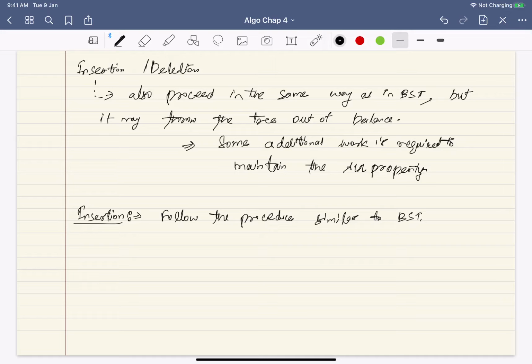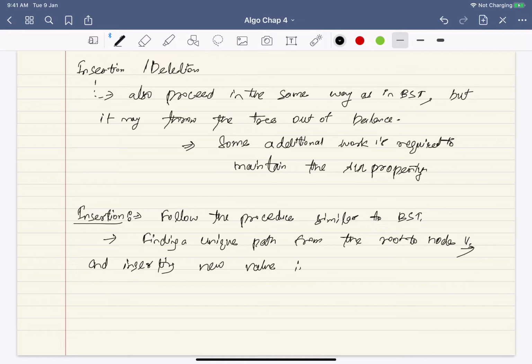And at some point, that means finding a unique path from the root to node U. Suppose U is the node where you have to go, but you are finding nil, and inserting the new value in a new leaf node as a child of U. Yes. So that is what you do.